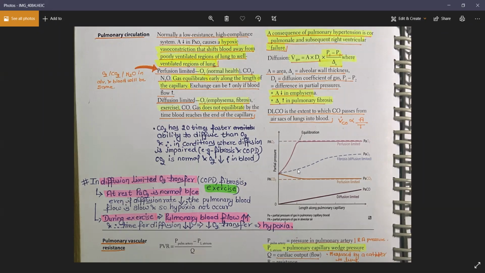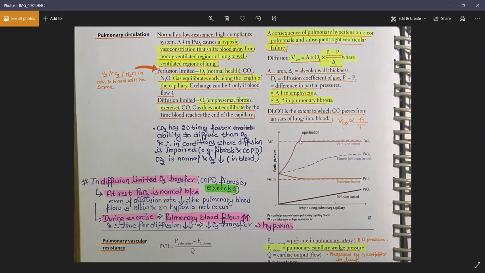As soon as the blood passes one alveolus, it will attain the level of oxygen in that alveolus, very rapidly. The same thing happens with the CO2: as soon as the blood reaches the alveoli, the CO2 of the blood will attain the same level as in the alveoli.